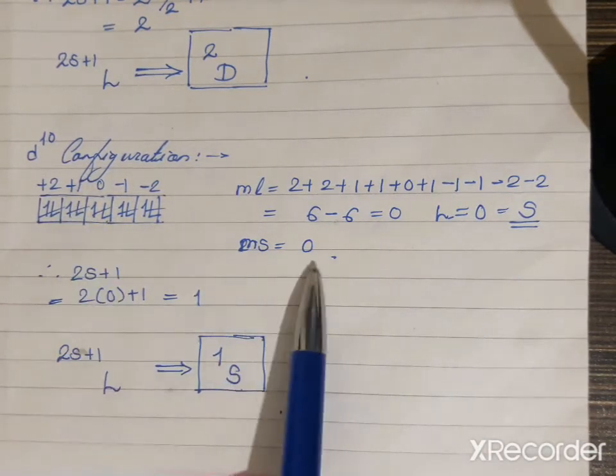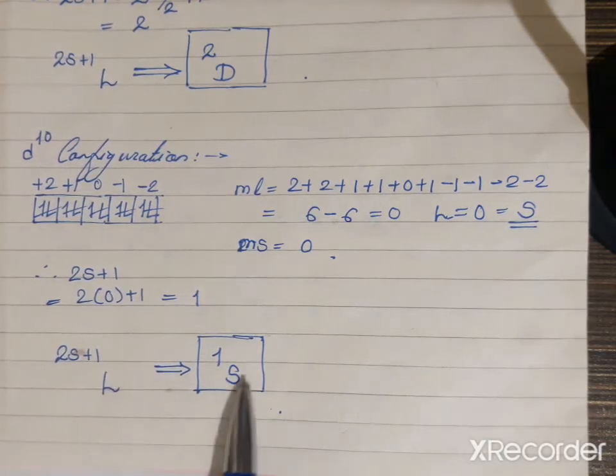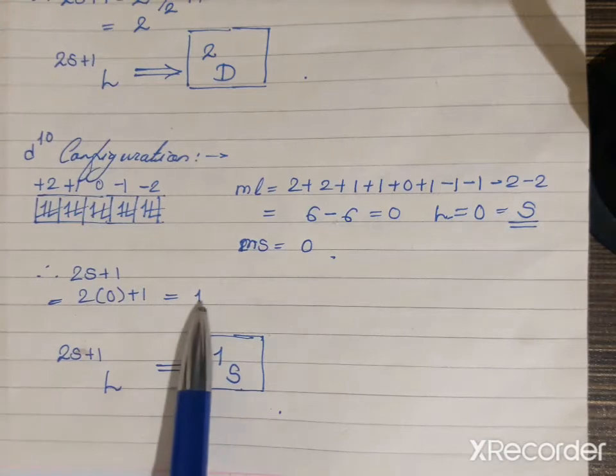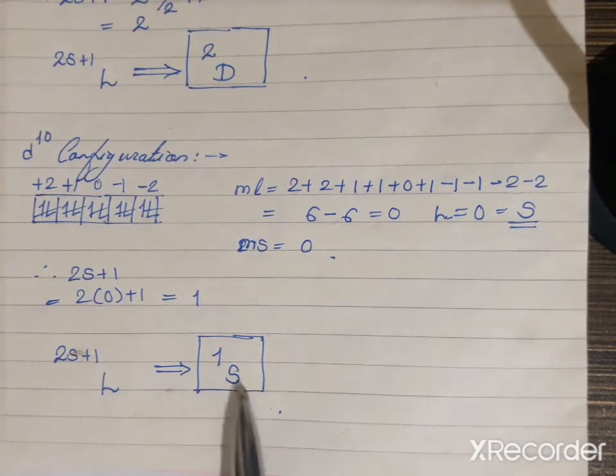That's why ms is equal to 0. So 2S + 1 is 1, spin multiplicity is 1 and the term is S. That's why it is singlet S.